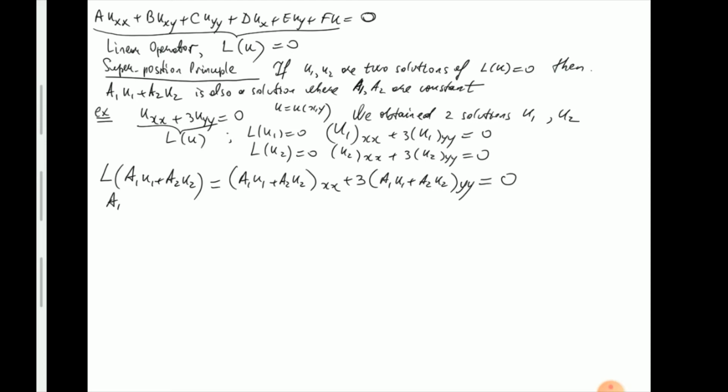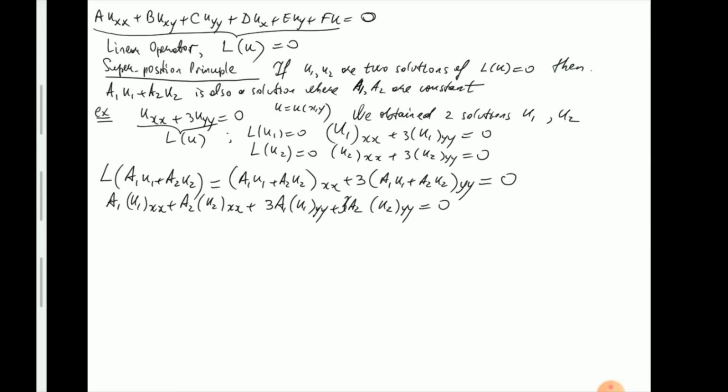So this will be a1 u1 partial x twice plus a2 u2 partial x twice, 3a1 u1 partial y twice, 3a2 u2 partial y twice.